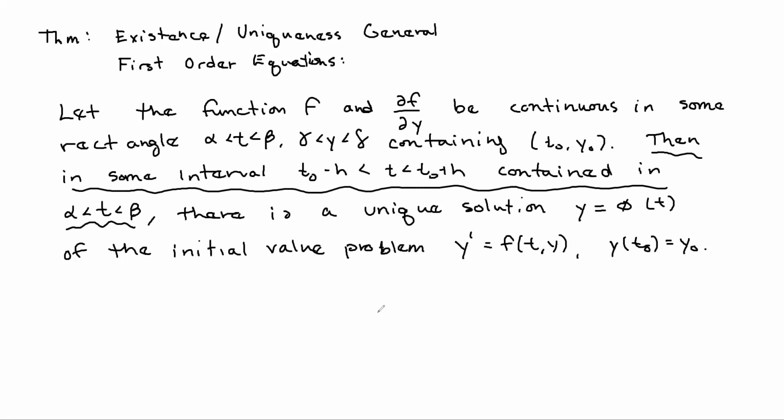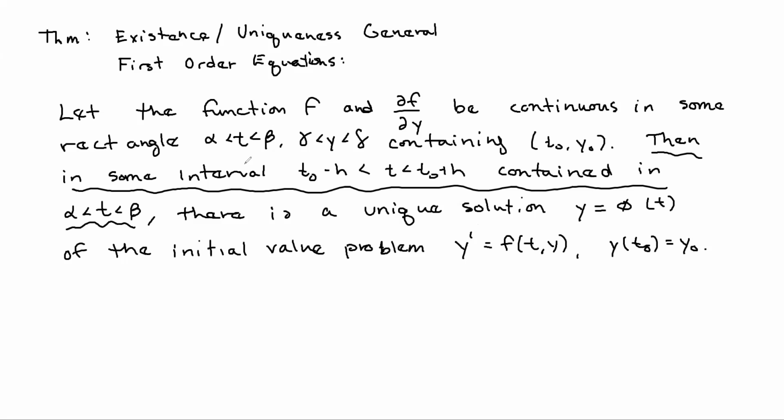So what does that specifically say? In the original theorem, if you had continuity in an interval, then you were guaranteed to have a unique solution. This time, if you have continuity on an interval, then some interval inside of that interval is guaranteed to have a unique solution.